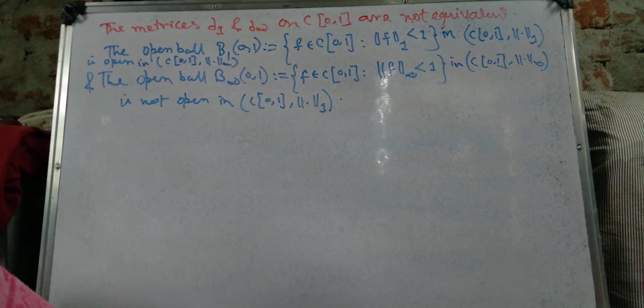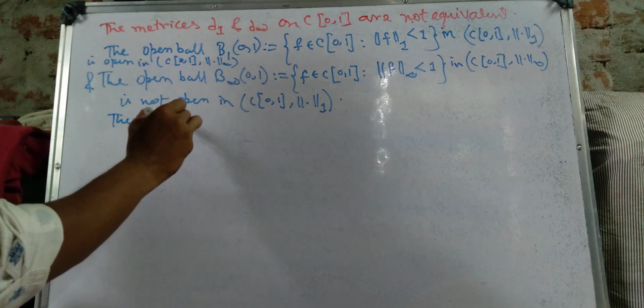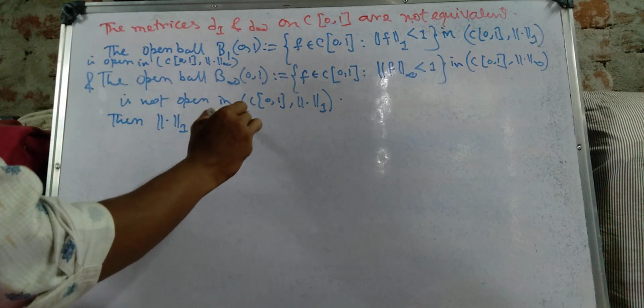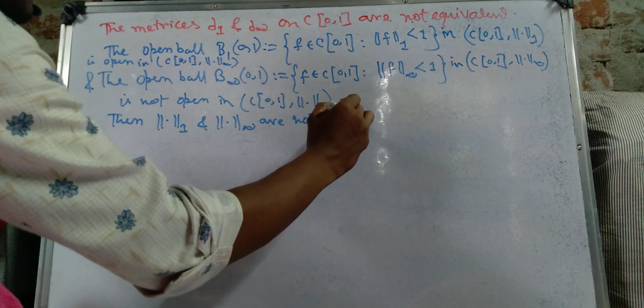Then we conclude that these two norms are not equivalent. Norm 1 and norm infinity are not equivalent.